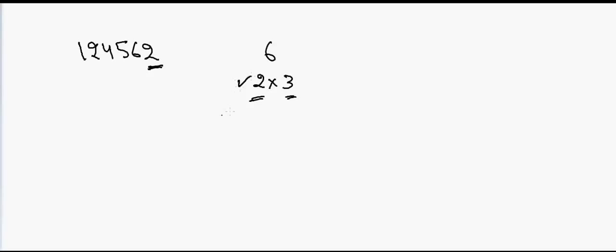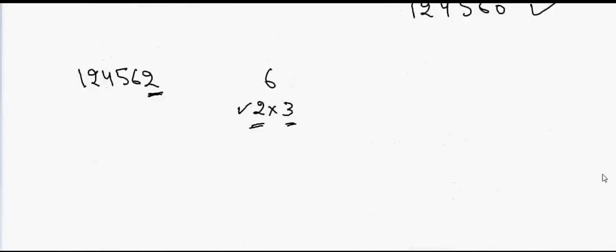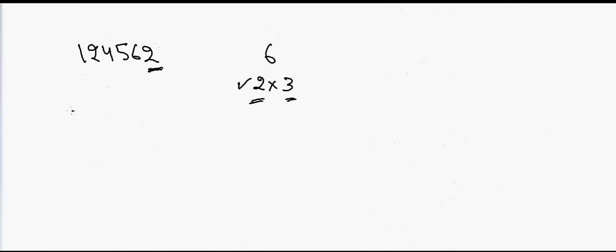But we did the test before and found that the sum was 20. 1 plus 2 plus 4 plus 5 plus 6 plus 2 was 20, and 20 is not divisible by 3. So this number should not be evenly divided by 6. But how can we modify this?